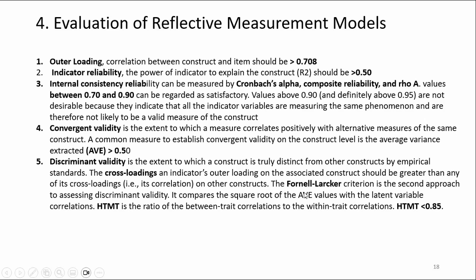The second is to use the Fornell-Larcker criterion. And the last is the heterotrait-monotrait criterion. Ringle and colleagues prefer HTMT because the others sometimes fail to detect discriminant validity violations.